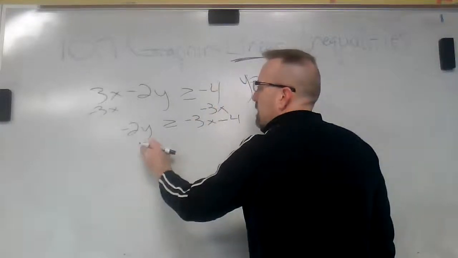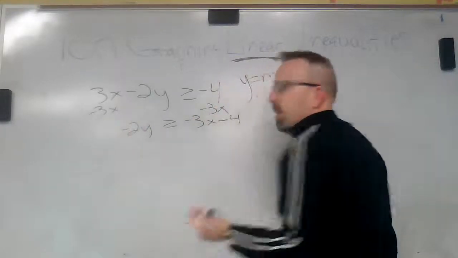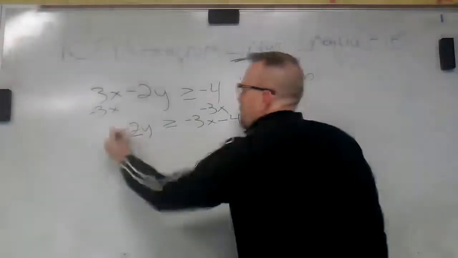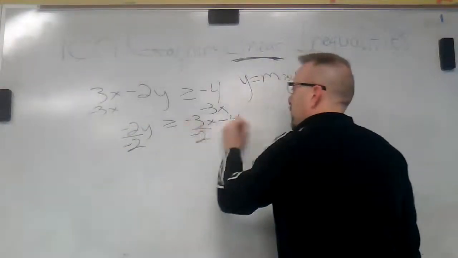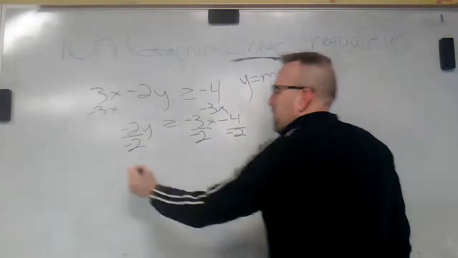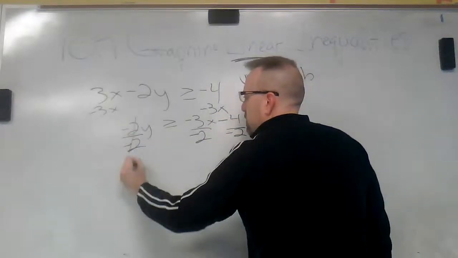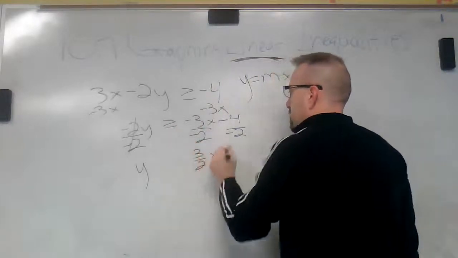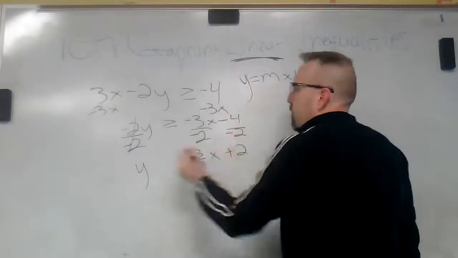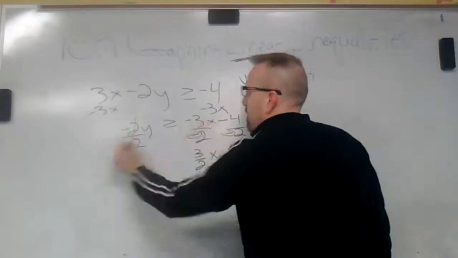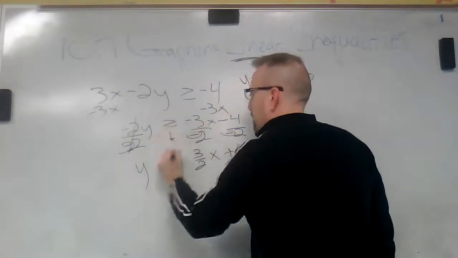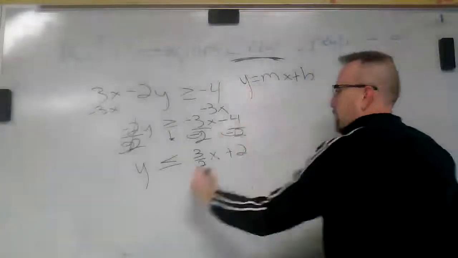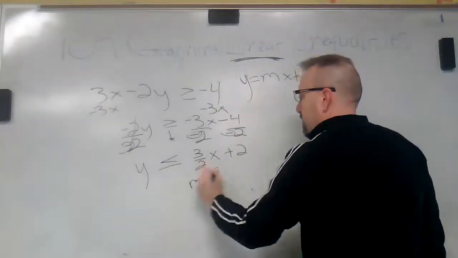We don't have y by itself, so we need to get rid of multiplying by negative 2. How do we get rid of multiplying by negative 2? Divide by negative 2 to every single part. Then that cancels. Negative and negative is 3 halves x, positive 2. We divided by a negative, so you've got to flip the sign. So now we have our slope is 3 halves.